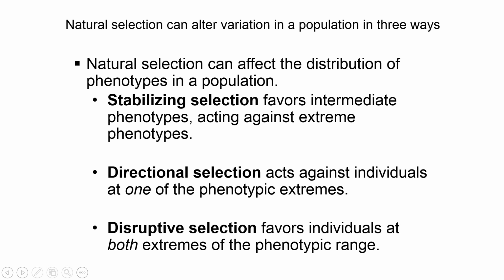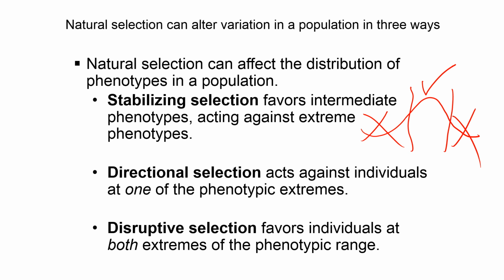Stabilizing selection: the intermediate phenotype is going to be selected for, while those at the very ends of the curve are selected against. So you have a nice little bell-shaped curve, individuals in the middle are selected for, and individuals at the ends are selected against.